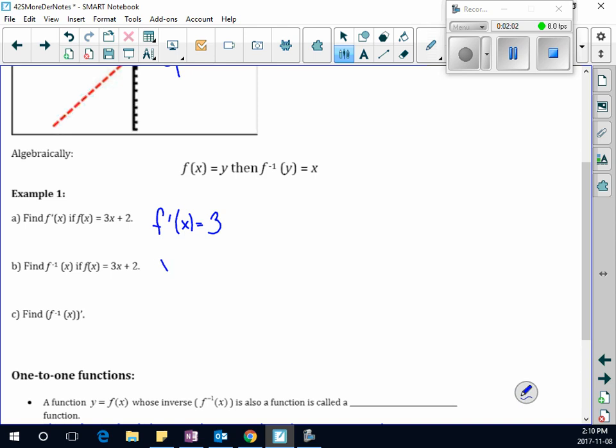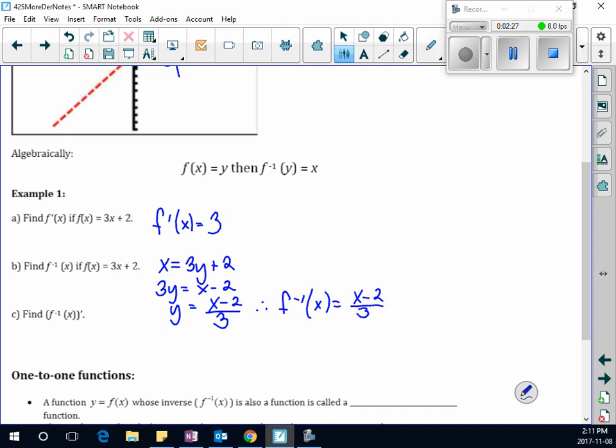We would go x equals 3y plus 2, then solve for the new y. So 3y equals x minus 2, so y equals x minus 2 divided by 3. Therefore, the inverse function equals x minus 2 divided by 3.